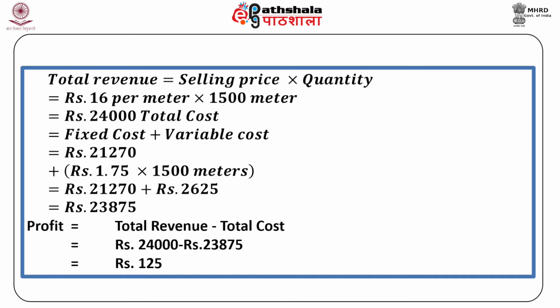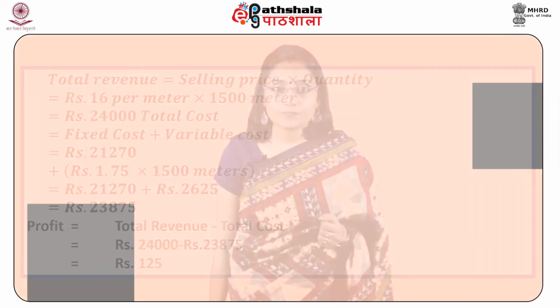Total cost is equals to fixed cost plus variable cost, which is equals to 21,270 plus Rs 1.75 into 1500, which is equals to 21,270 plus 2625, which is equals to Rs 23,875. Now profits are equals to total revenue minus total cost. Thus, it would be equals to Rs 24,000 minus 23,875, which gives us an amount of Rs 125 as the total profit.